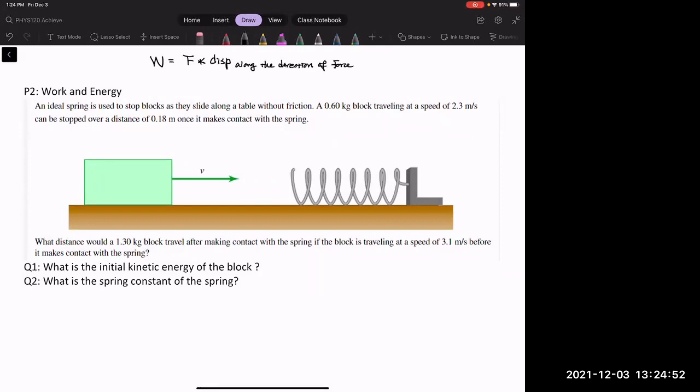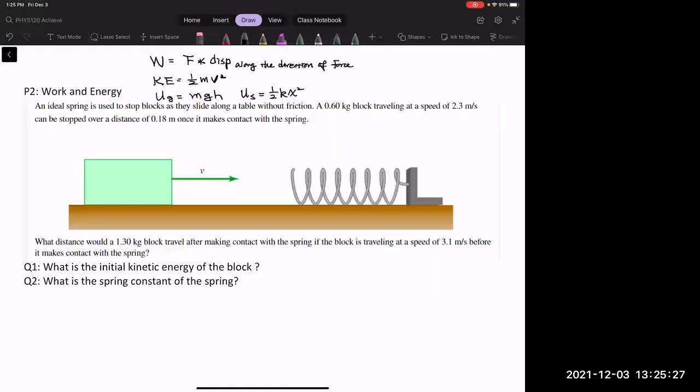For energy, we have kinetic energy, that is 1/2 mv squared. We have a potential energy, U sub G, which is mgh. We have U sub S, which is for a spring, that's 1/2 kx squared, where x is the change of the length. Okay, so that is our equation for the work and energy.